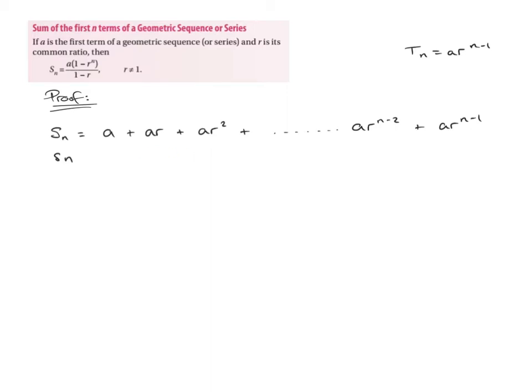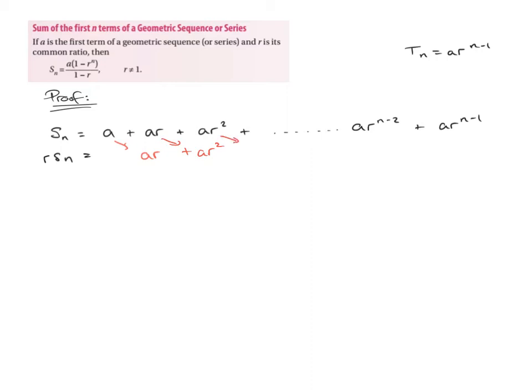So I multiply this by r, so this here gets multiplied by r, so I get r S of n, and that's equal to, now if I multiply this by r, I'm going to get ar, and I'm just going to move everything just to the side, so that's my ar. If I multiply this by r, I get ar by r, which is ar squared, so that's just going to shift across to this one over here, so that becomes plus ar squared.